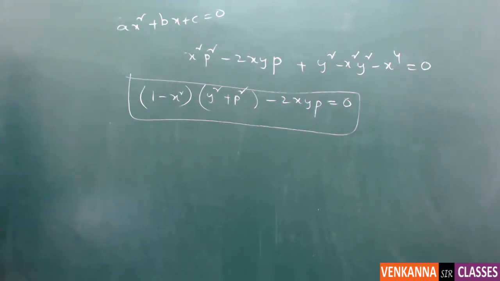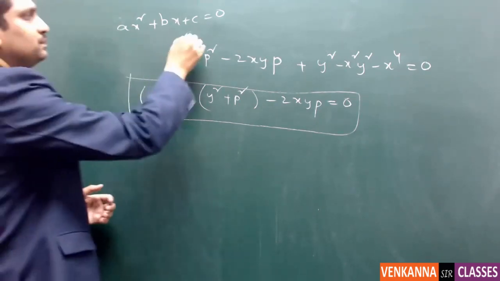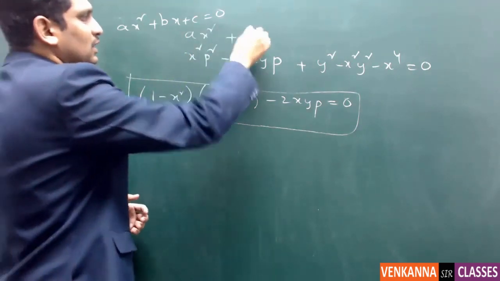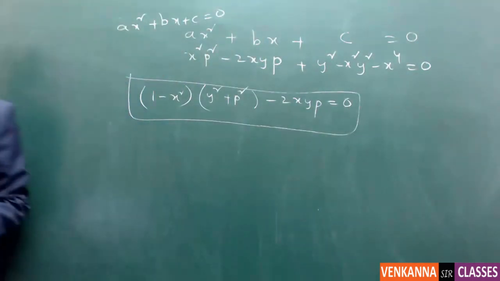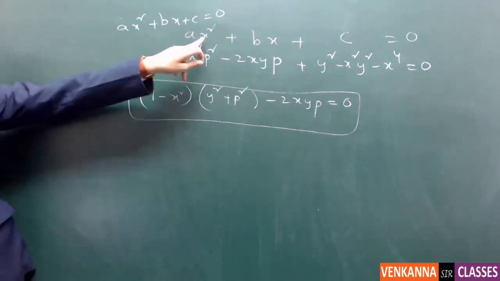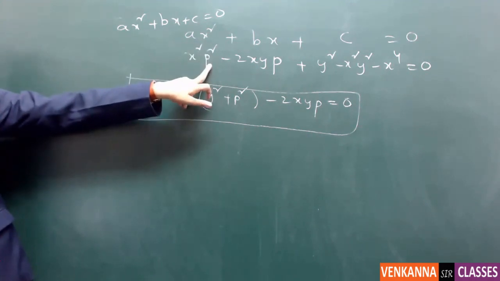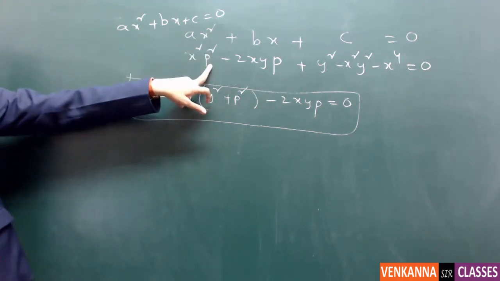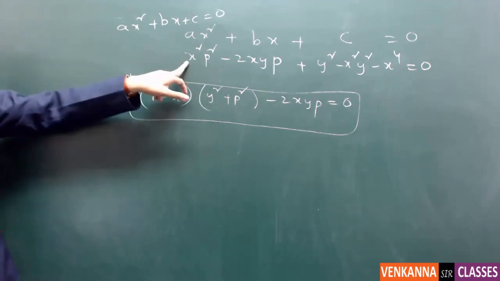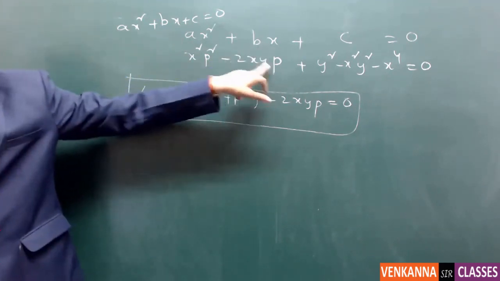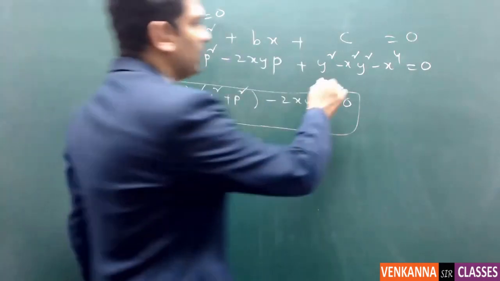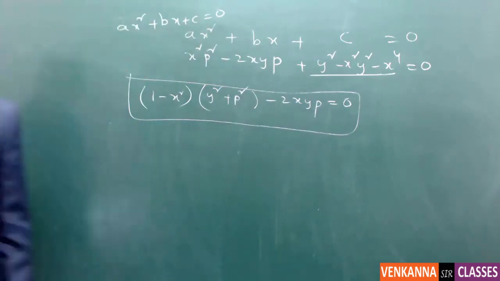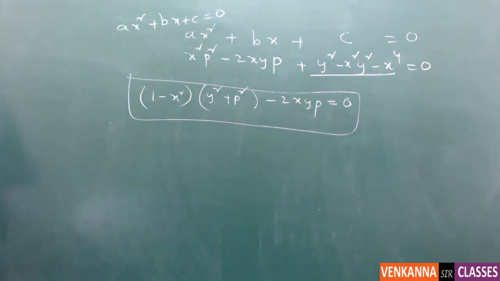So we are going to treat the given equation as ax square plus bx plus c equal to 0. Here the variable x is nothing but the variable p, the differential p. So what is a here? x square. And what will be b? Minus 2xy. And what is c? All the remaining terms in the equation will be taken as c. Are you getting the logic here?